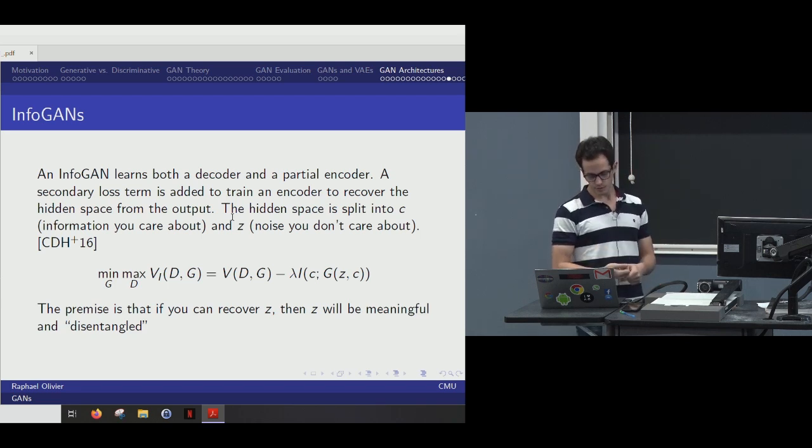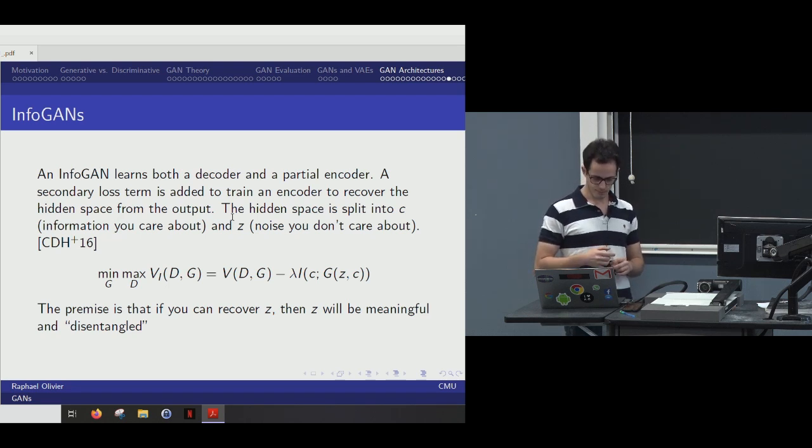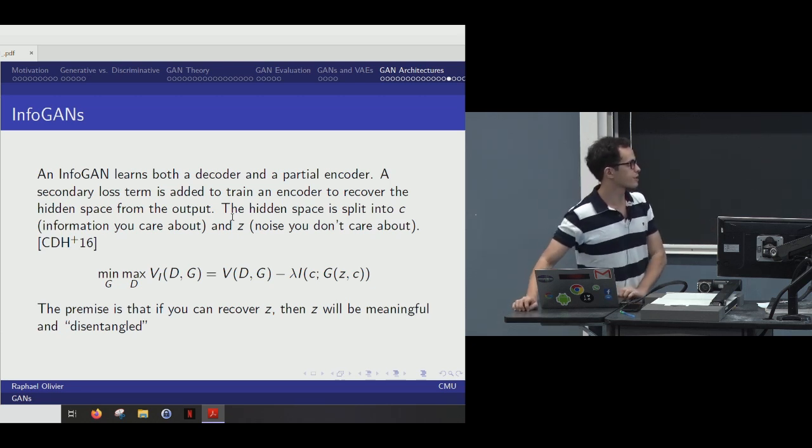And you've got an extra term that is going to try to maximize the mutual information between C and the image that you generated.